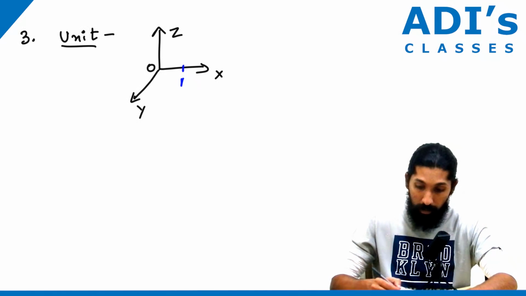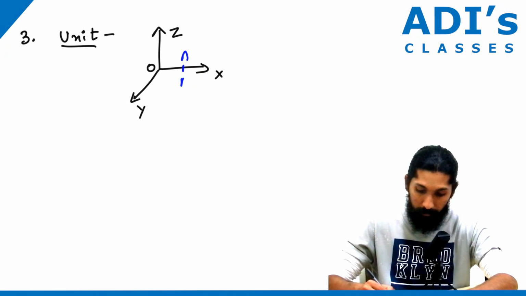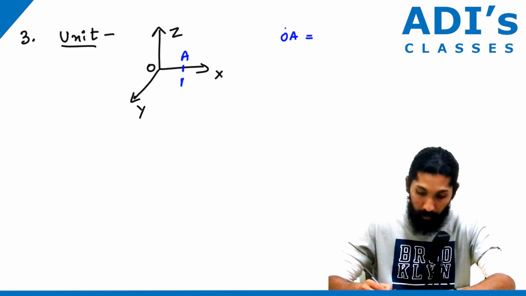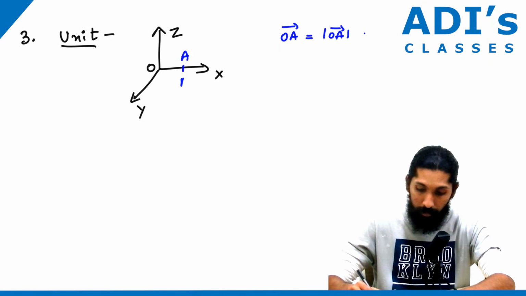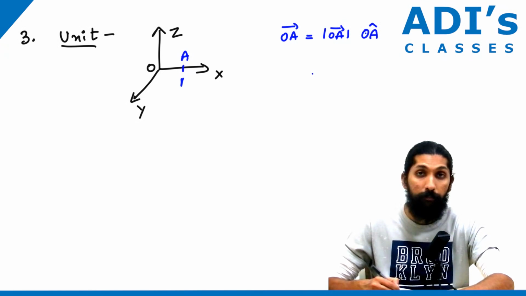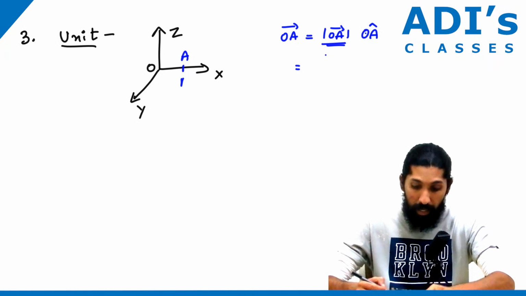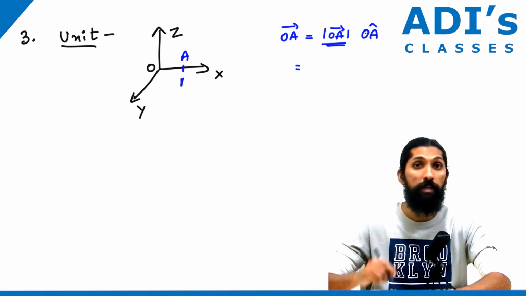So in this case, let's call this point A. So OA becomes a unit vector. So vector OA is equal to mod of OA into OA cap, correct? This value is 1, and since we are going along the x-axis, we represent it as I cap.